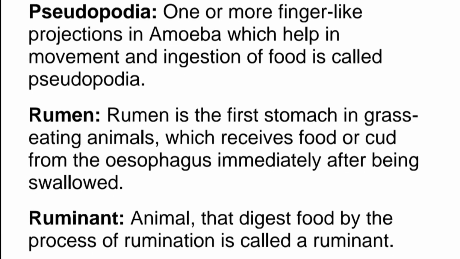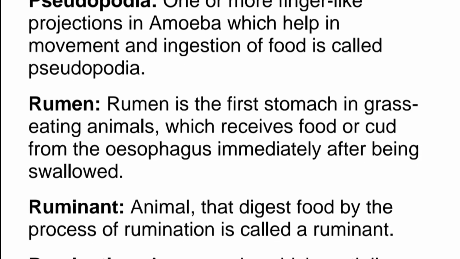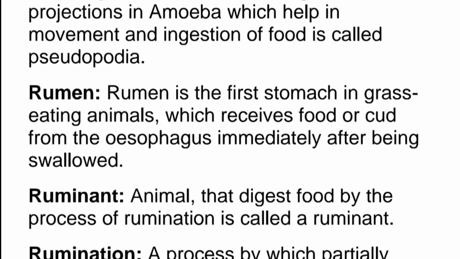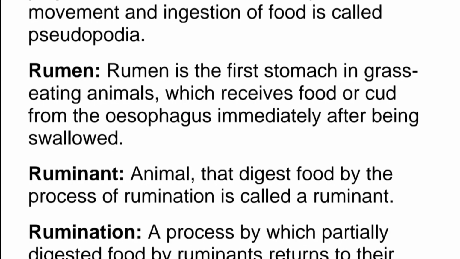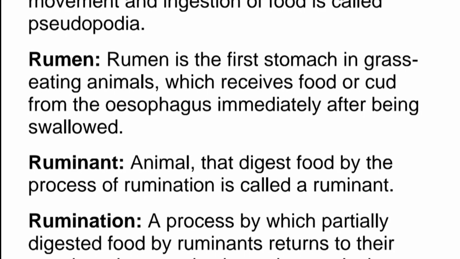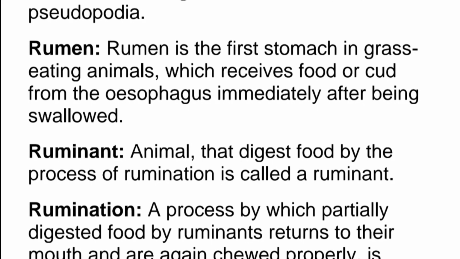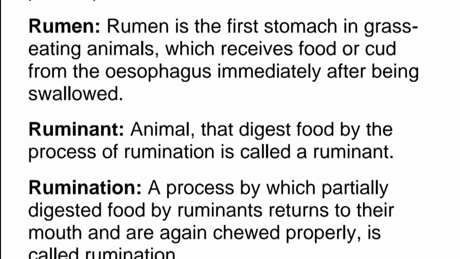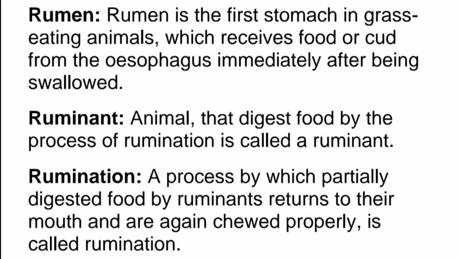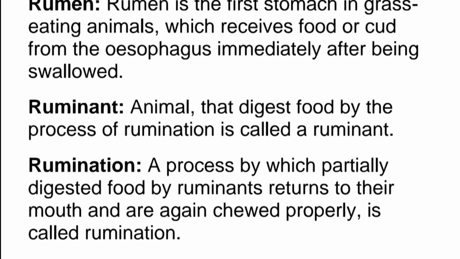Rumen. Rumen is the first stomach in grass-eating animals which receives food or cud from the esophagus immediately after being swallowed. Ruminant. Animals that digest food by the process of rumination are called ruminants.